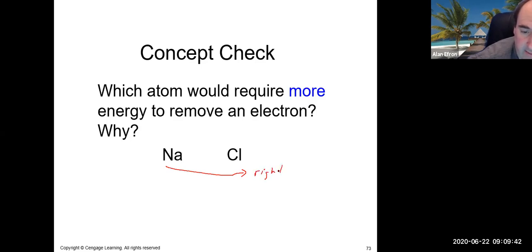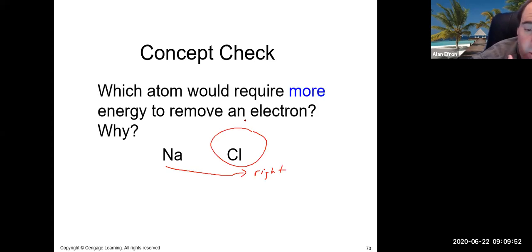That means that chlorine should have a higher ionization energy and should require more energy to remove an electron. And that's again why chlorine will typically not lose an electron but gain an electron and become negatively charged, while sodium will be the one that becomes positively charged and loses an electron.